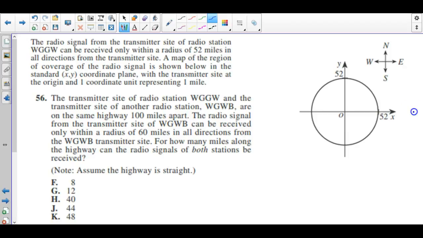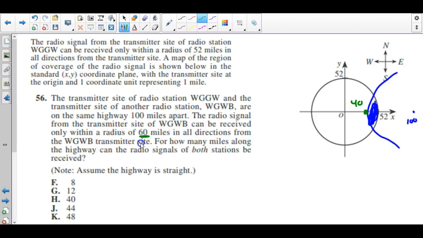If I were to have another signal that's out here at 100, what it would do is create another circle. And what I'm looking at is this distance that's between these two values. So we're looking at this overlap. So if the radius of the other circle is 60, that's going to take me all the way back over here to 40 on my x-axis, because 60 and 40 would total to 100 over here where the signal is.